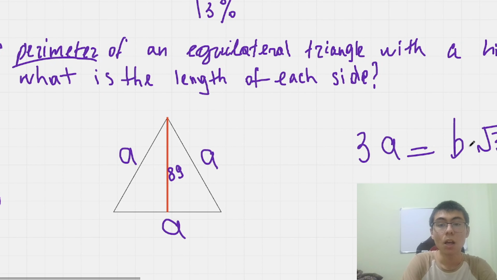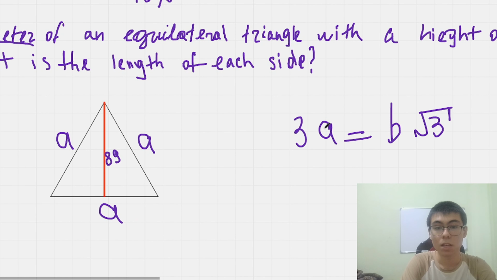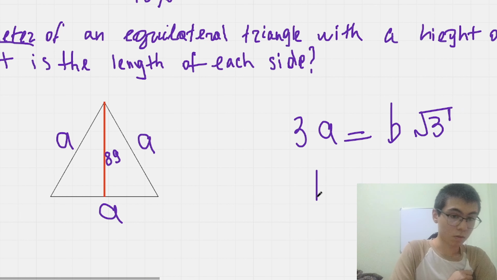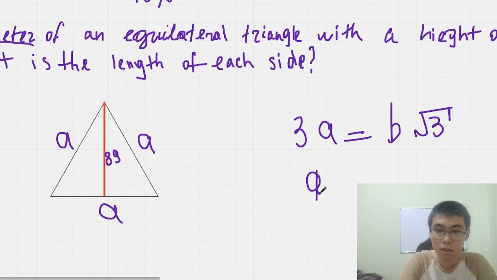So what is the length of each side? They are asking for a. So here a equals b times the square root of 3 divided by 3.